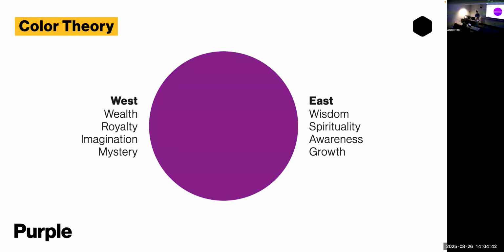Purple. This one's interesting. Purple is one of those colors that kind of means a lot of different things, but most of them often align. Who's been to Vegas? A couple of you guys. What color do you see most often in Vegas? Yeah, purple. Why is that? Well, because there's a lot of gambling in Vegas, right?